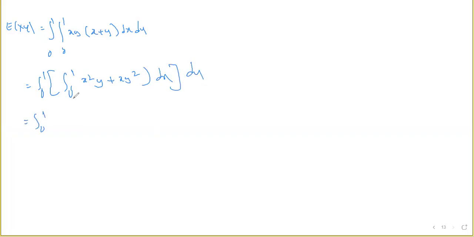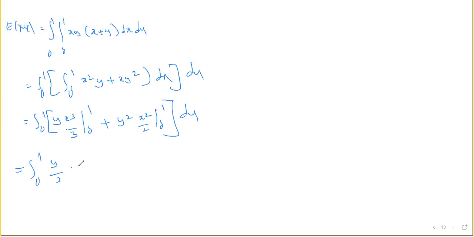So 0 to 1, with y outside, the integration of x square is x cube by 3 from 0 to 1, plus y outside, the integration of x is x square by 2 from 0 to 1, dy. When you put x equal to 1, this will be y by 3 plus y square by 2 dy, right?